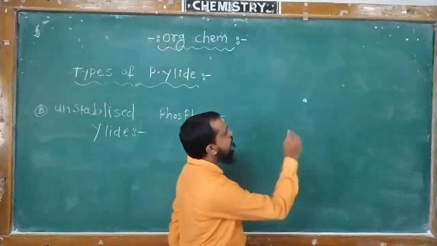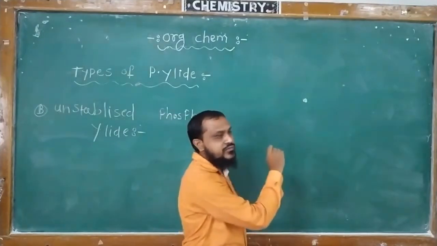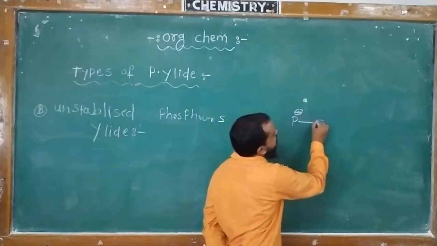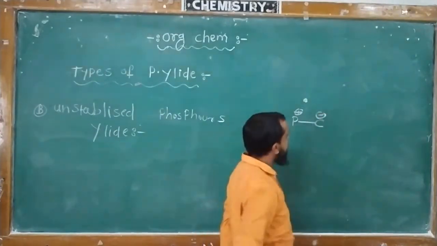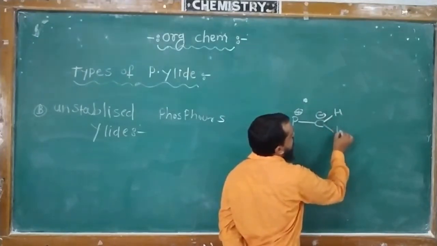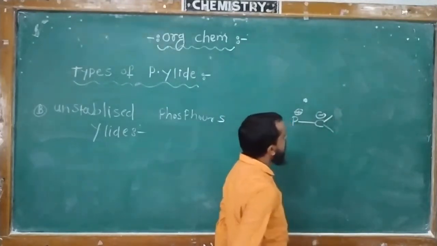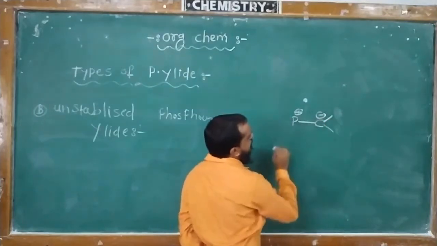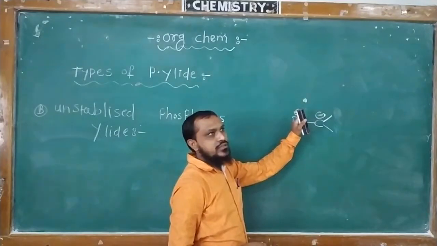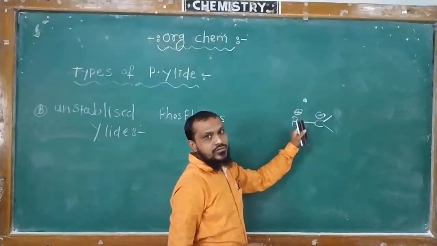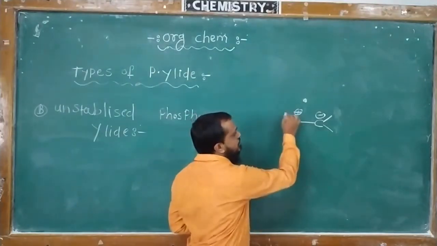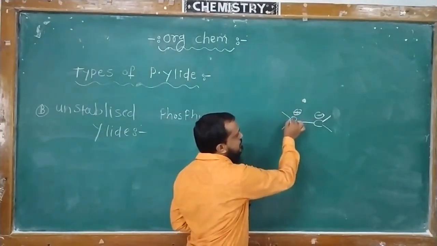Now see here, I am writing a general orientation of phosphorus ylide. P positive singly bonded with C negative. The carbon has 4 valency, 1, 2, 3, 4, and the phosphorus with a positive charge also has 4 valency, 1, 2, 3, 4.